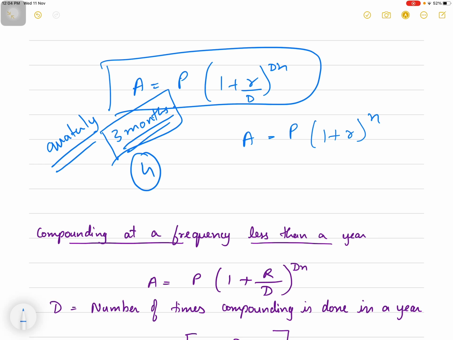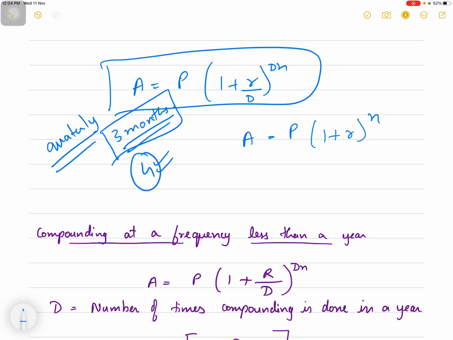Correct? So that means D is equal to 4. D means you have to take the number of times compounding is done in a year.